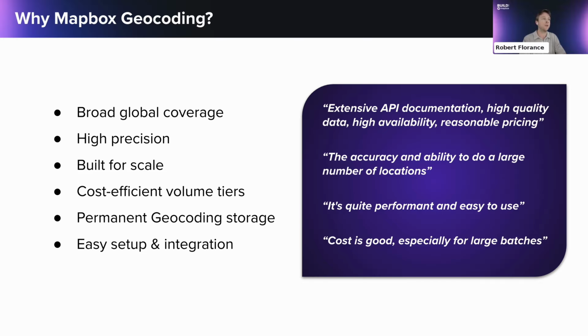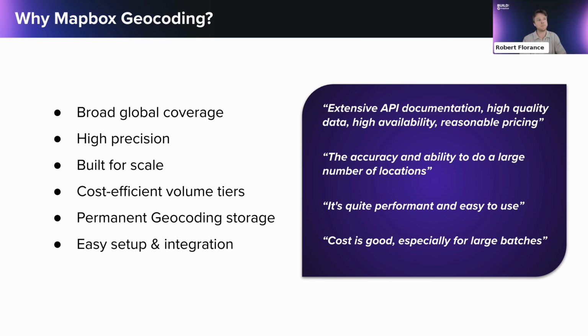And along with that, we have volume tiers where if you're doing a really large amount of geocoding with us, it gets cheaper and cheaper. Finally, we also have something called permanent geocoding, where most geocoders today, either there's no caching allowed at all, or you might be able to cache something for 30 days. If you use our permanent geocoding API, you can actually store results forever.